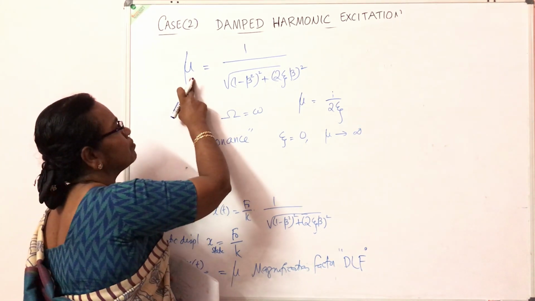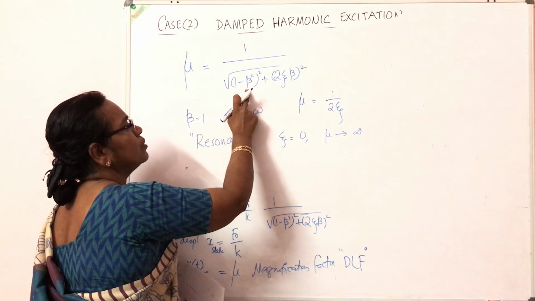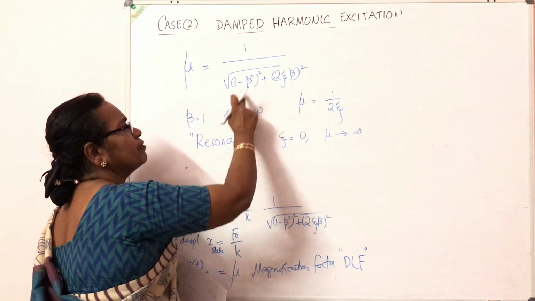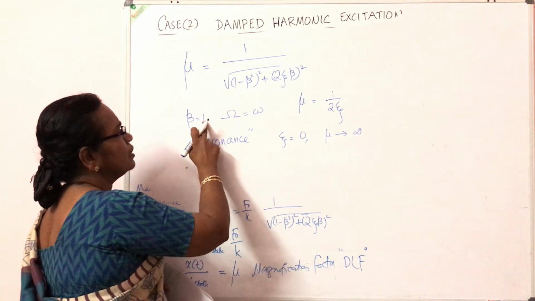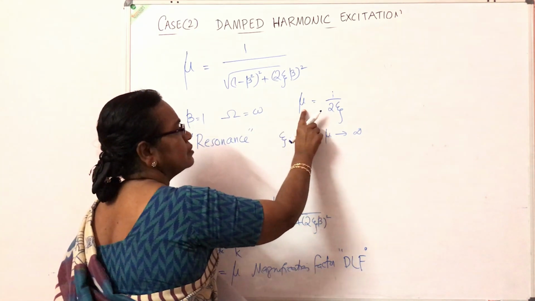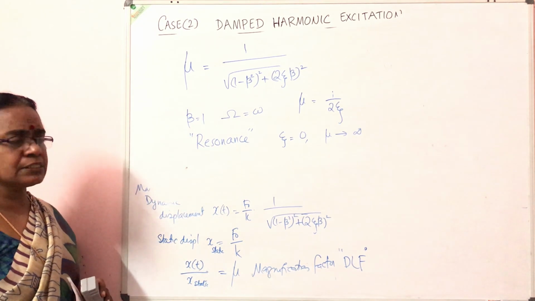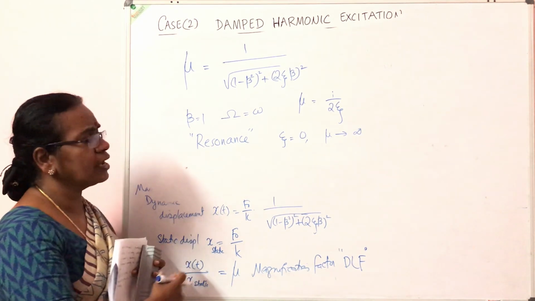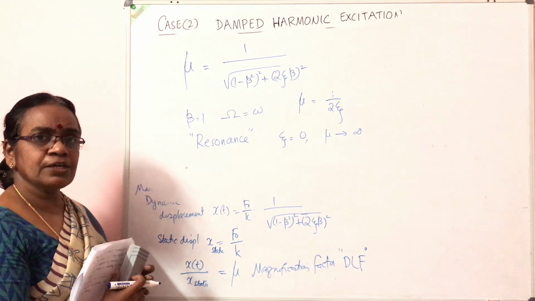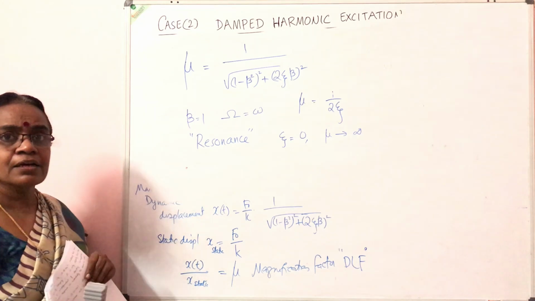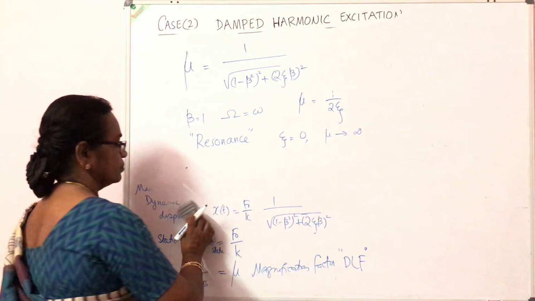We see the magnification factor depends upon the damping ratio psi as well as the frequency ratio, and we have seen that in the case of resonance, it simply depends upon the damping present in the system, and we can show a variation of the magnification factor as beta and psi vary.